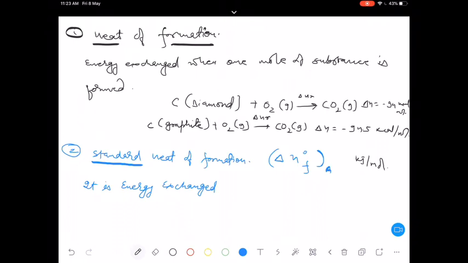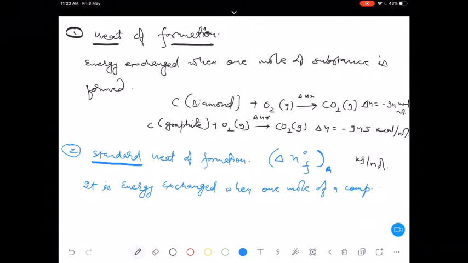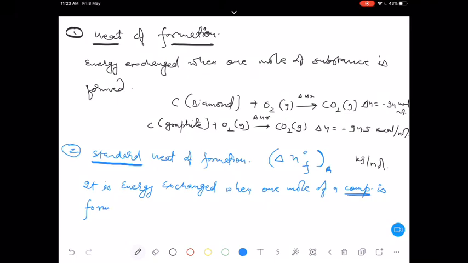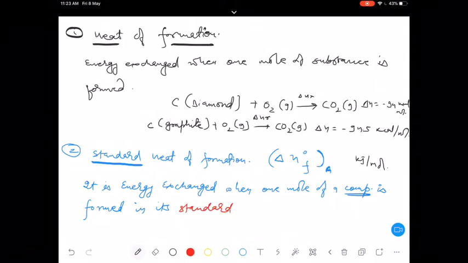We are just writing energy exchanged, when 1 mole of a compound is formed in its standard state.